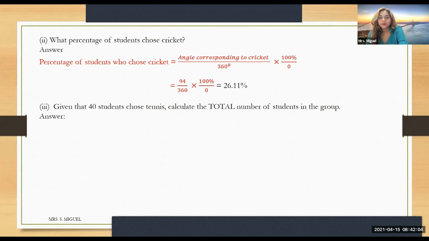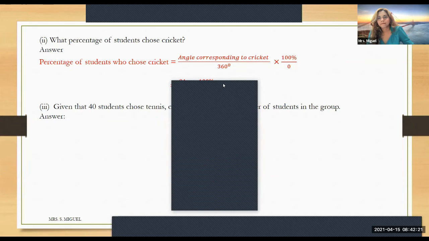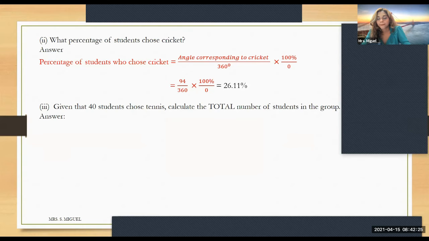So 94 divided by 360 multiplied by 100% will give us 26.11. Please take it down and then we move on.